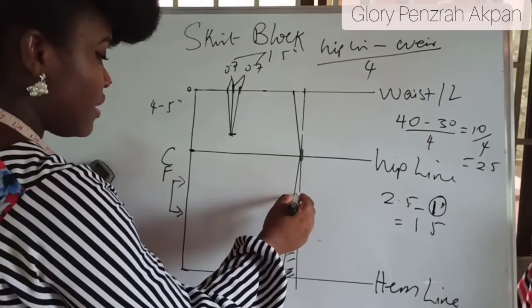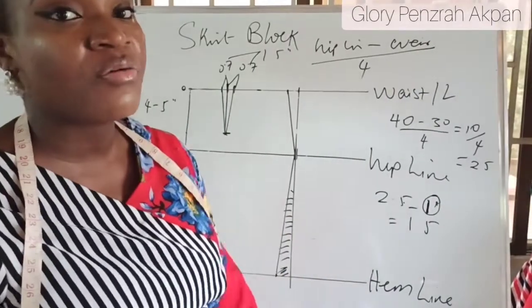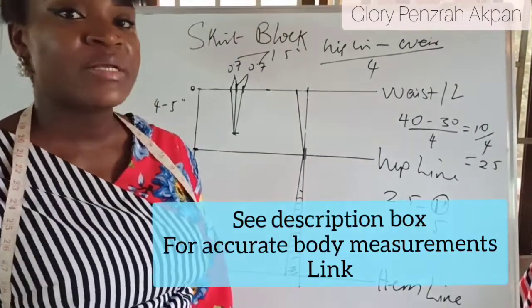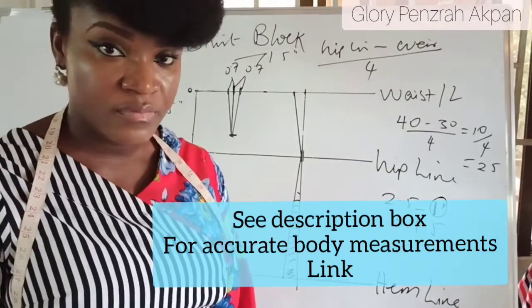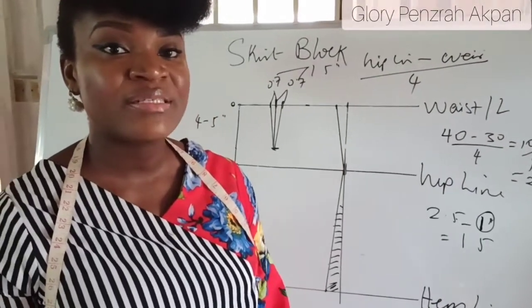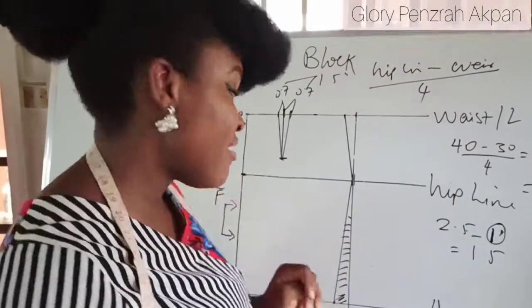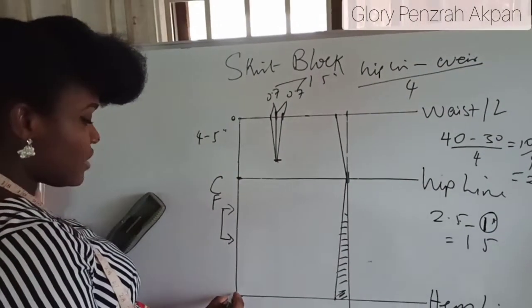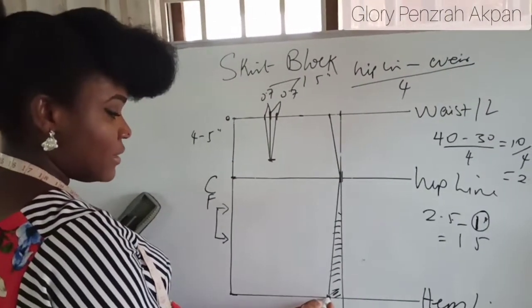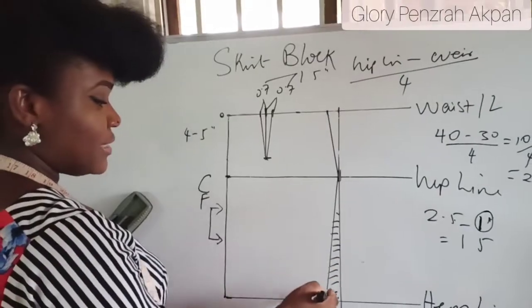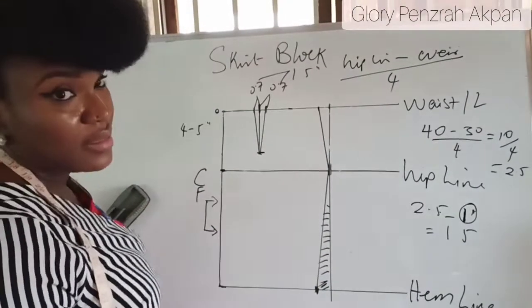It is the hem circumference measurement we took when we were taking our measurements for the skirts. The hem circumference divided into 4. Whatever the result is, placing your tape at center front, you would mark it, and then use that as a guide to slant the side.